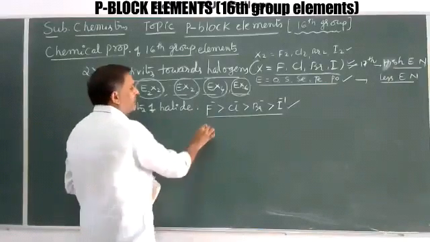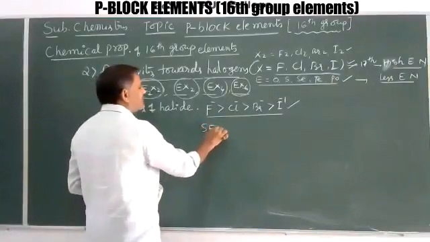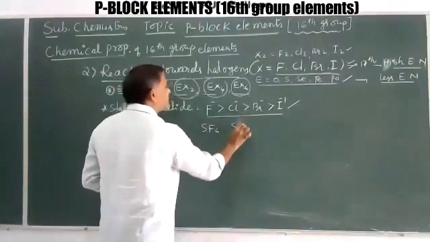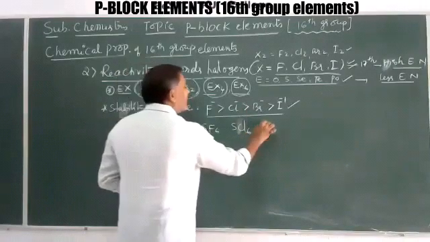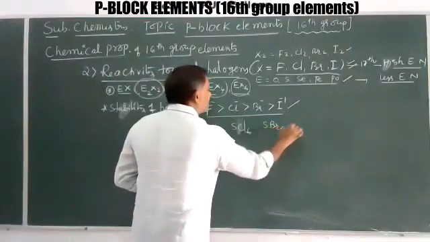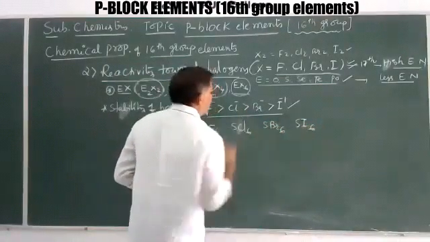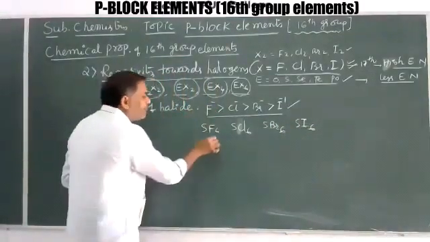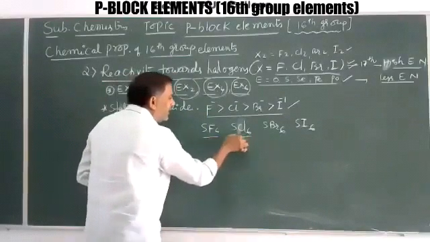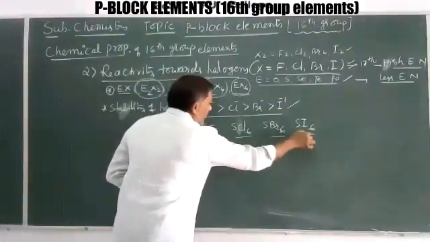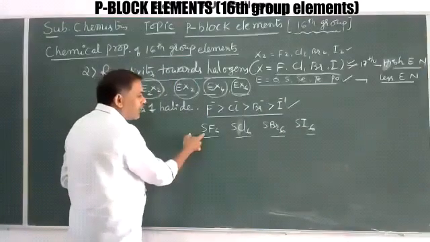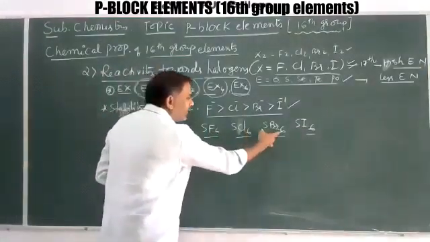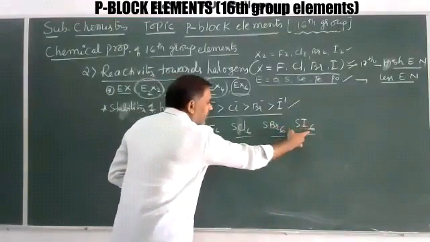I'll take one simple example. SF6 is there, SCl6 is there, SBr6 is there, SI6 is there. This is the stability order: fluoride, chloride, bromide, iodide. Sulfur hexafluoride, sulfur hexachloride, sulfur hexabromide, sulfur hexaiodide.